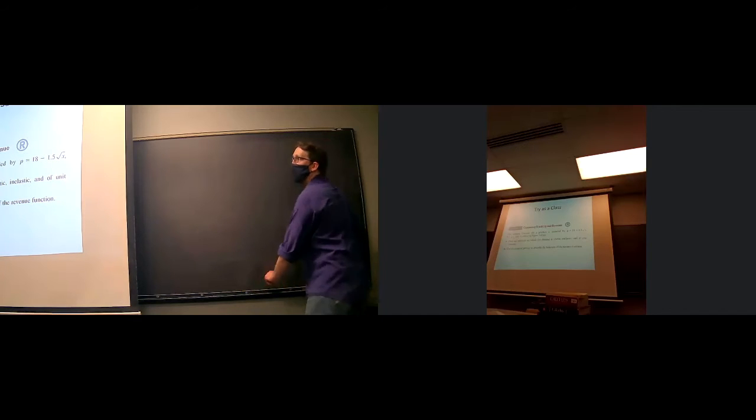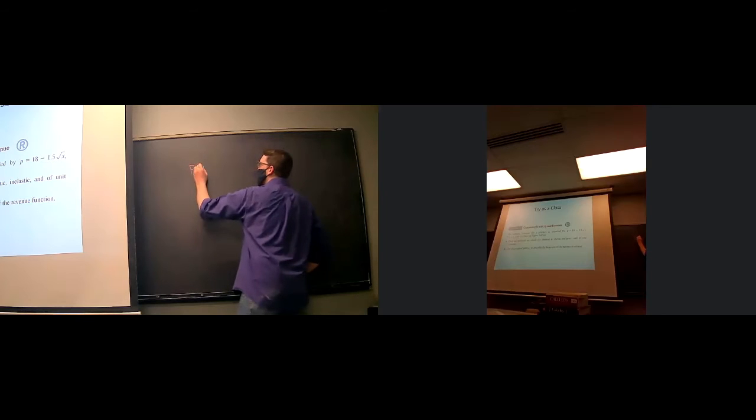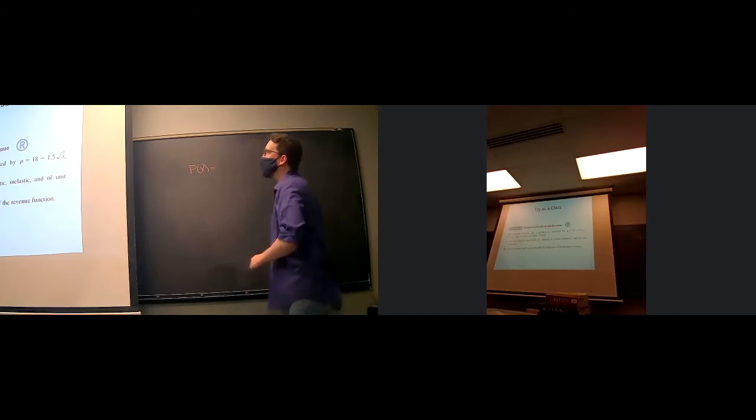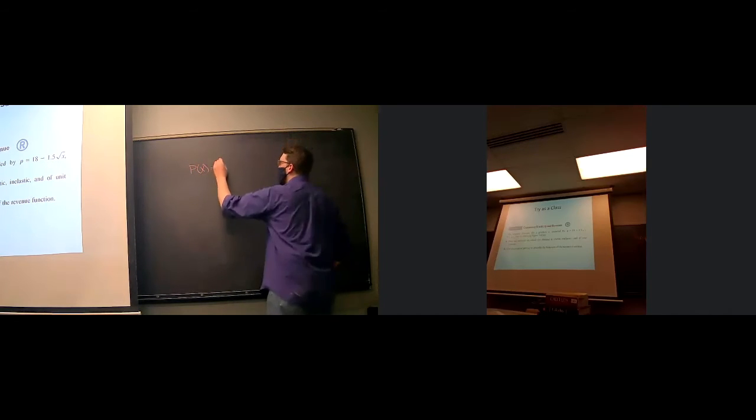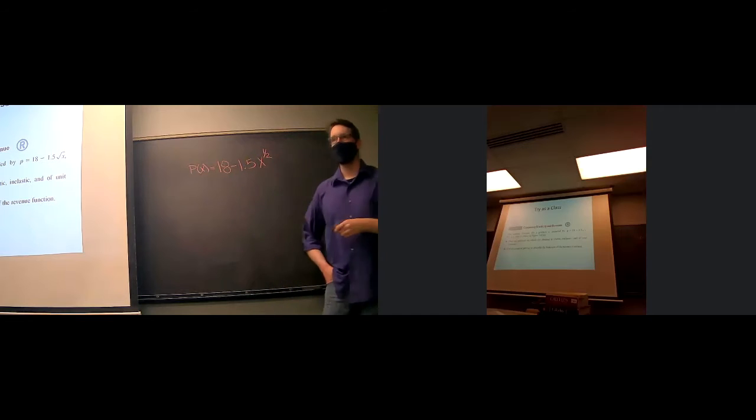So what we're told is that P as a function of x is equal to 18 minus 1.5 times the square root of x.